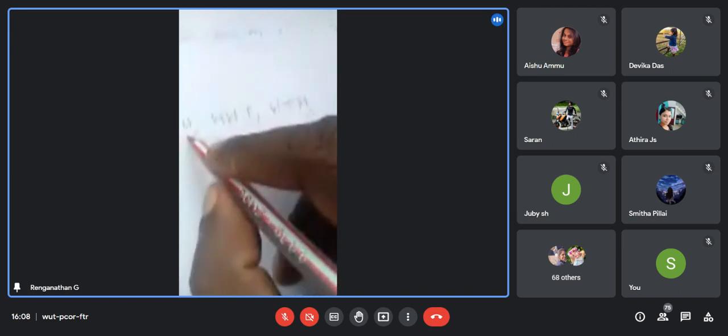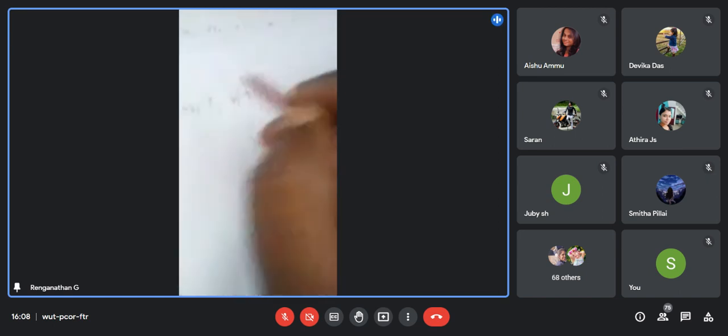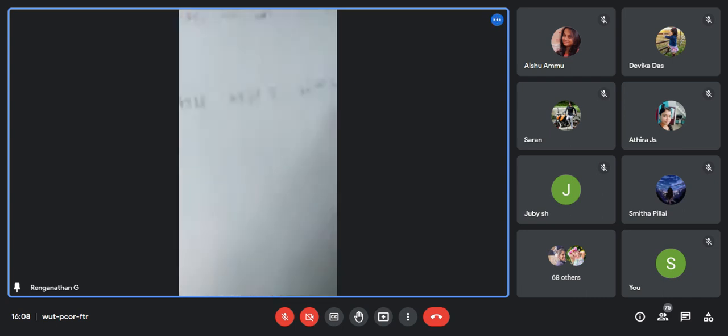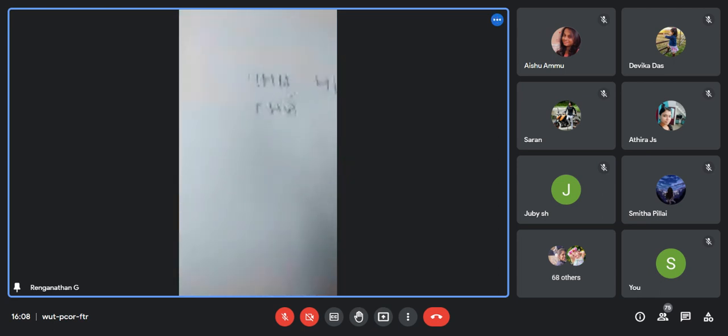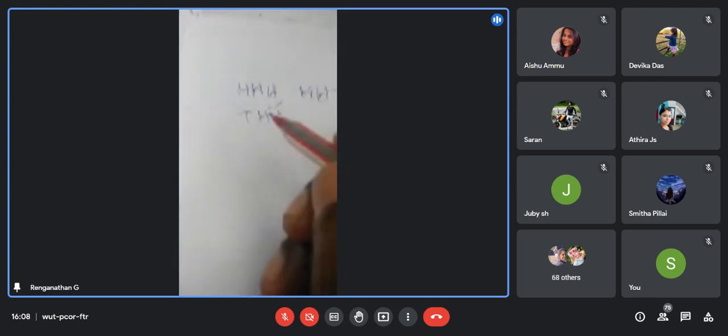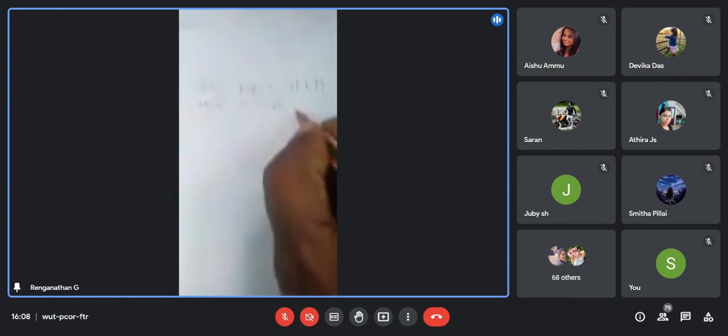Maybe all 3 will be heads. Then the first 2 will be heads and the next one a tail. Then head, tail, head. Then again, one tail and two heads, isn't it? Then two tails and one head.